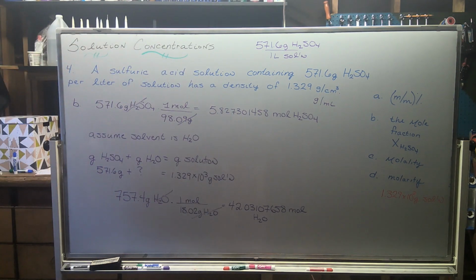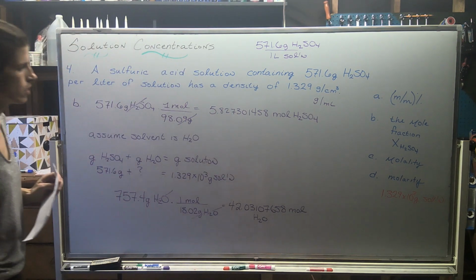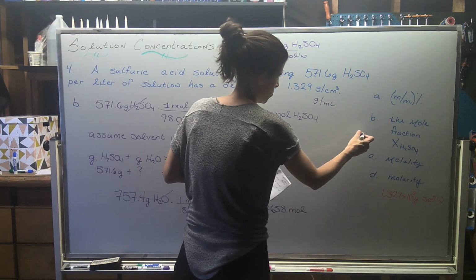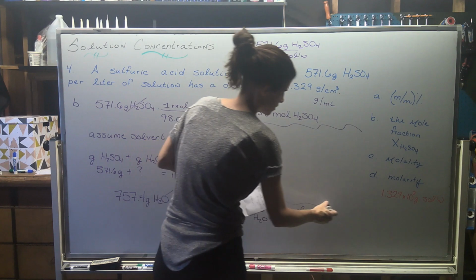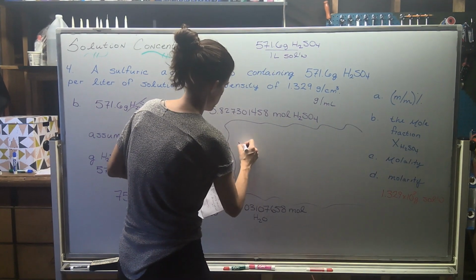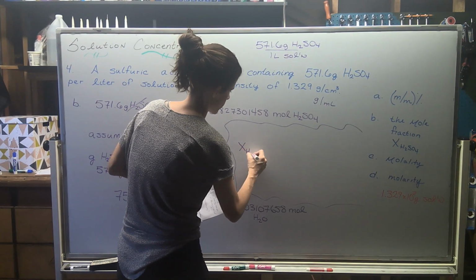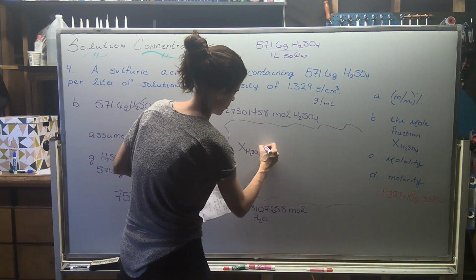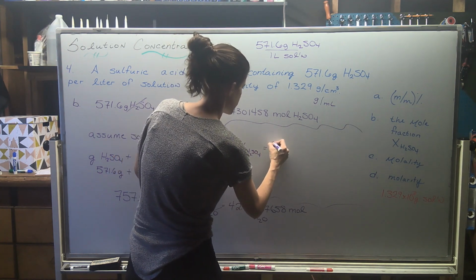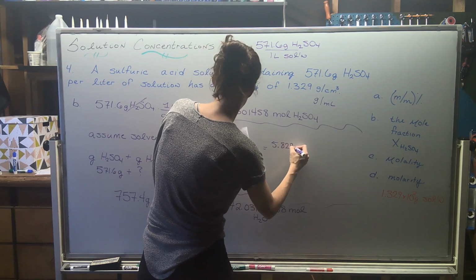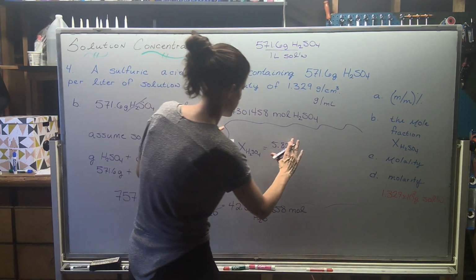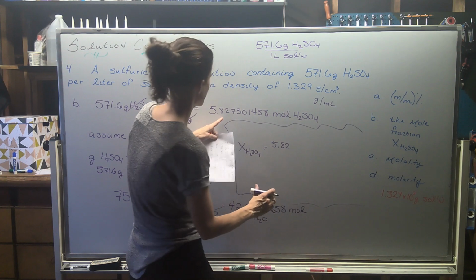And now for my mole fraction, I'm going to do the moles of my solute, or the moles of whatever they indicate here, right? So we're doing the solute here, the sulfuric acid, divided by the total moles. So I'm just copying down this number here, right?